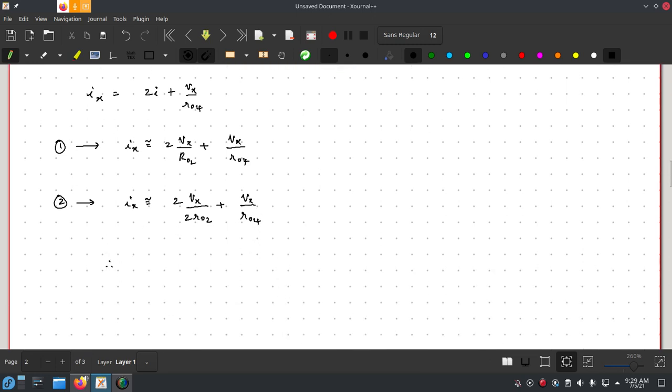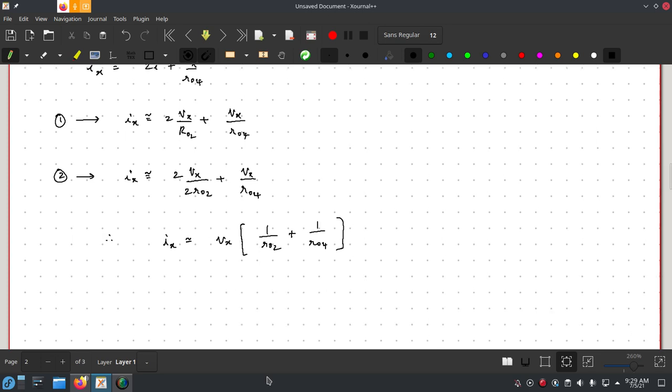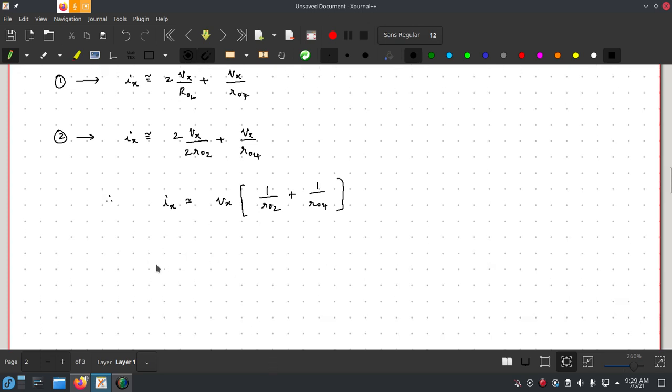Therefore, Ix is equal to Vx into 1 by r02 plus 1 by r04. Now this 1 by r02 plus 1 by r04, you can call a parallel combination of r02 and r04. So I can write R0 is equal to Vx by Ix, which is r02 parallel r04.